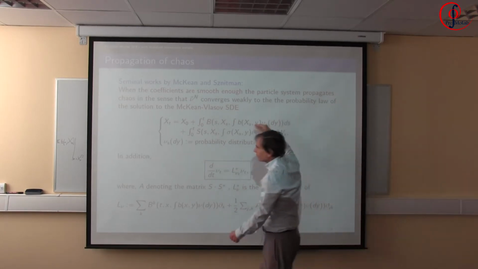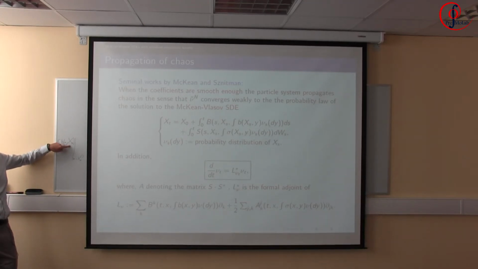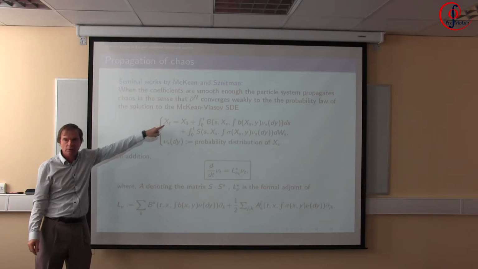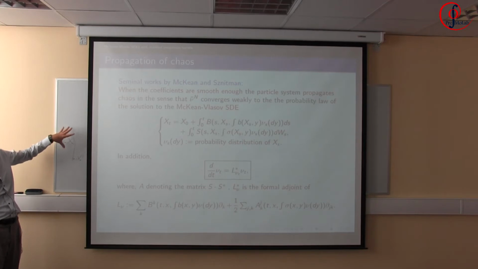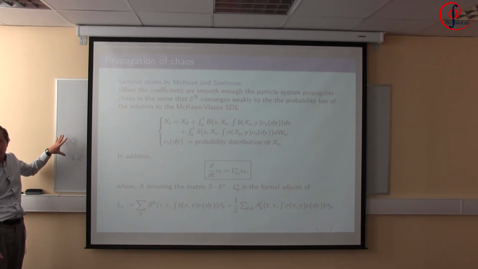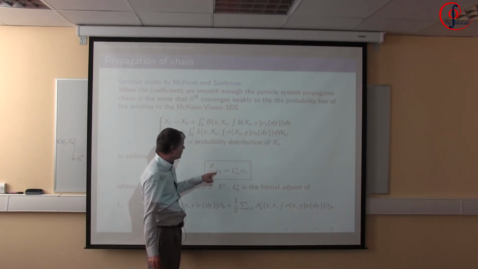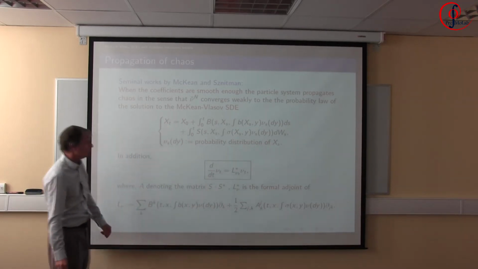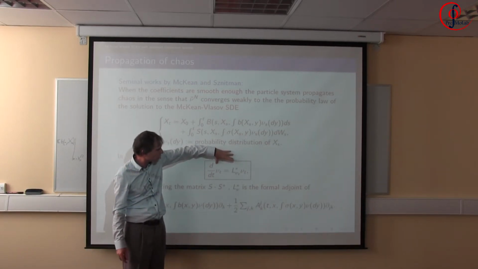And of course, now let's come again to this formula. You can see that because mu bar n converges weakly to the probability distribution of capital X, this approximation now makes sense. And in addition, the probability distribution of X, capital X at time t, that I denote by nu t, is a solution of a new Fokker-Planck equation.